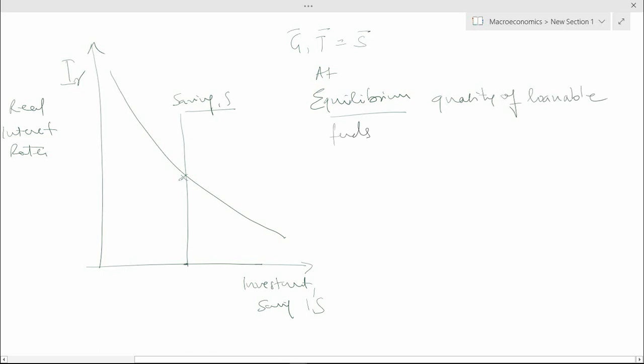At equilibrium, quantity of loanable funds.